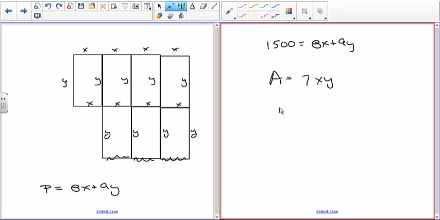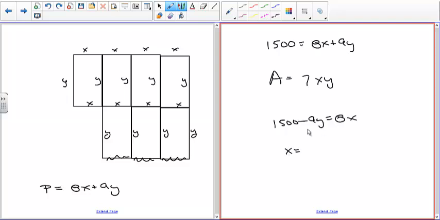So again, you can solve either for x or y. I solve for x. So what you do is, let's say, solve for x. I'm going to subtract 9y from both sides, and then I'll divide by 8.